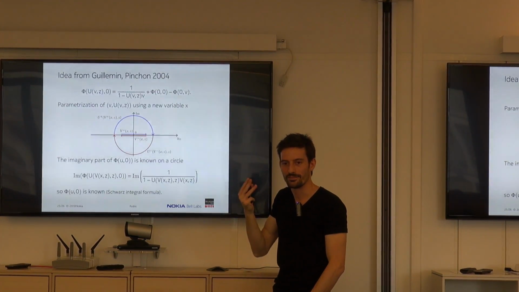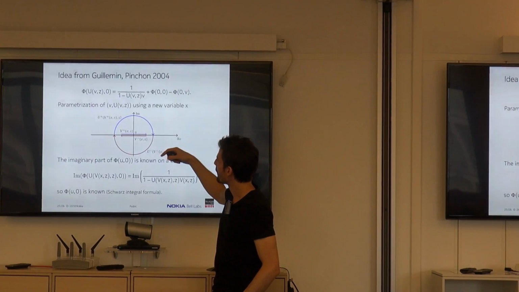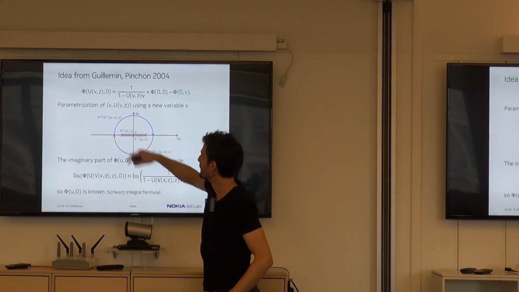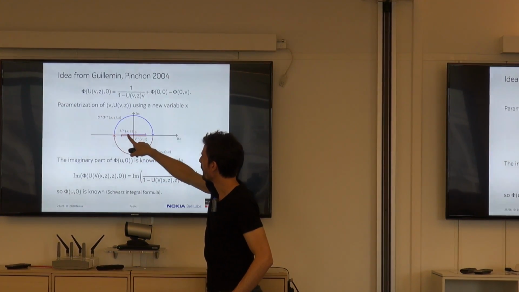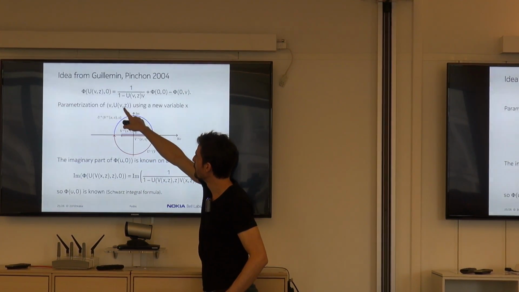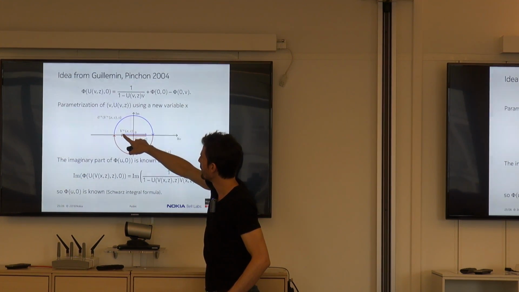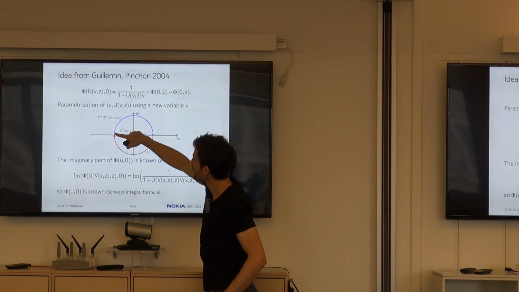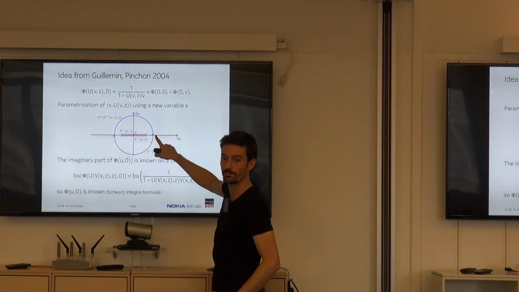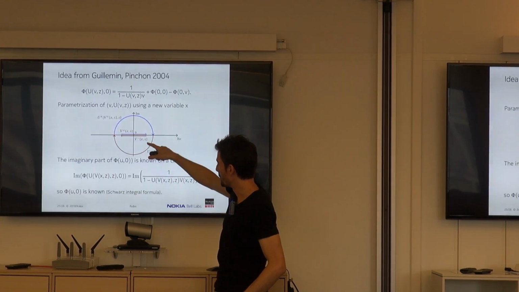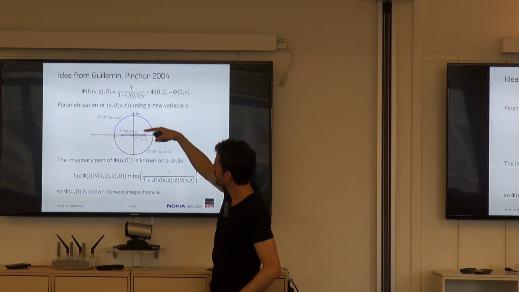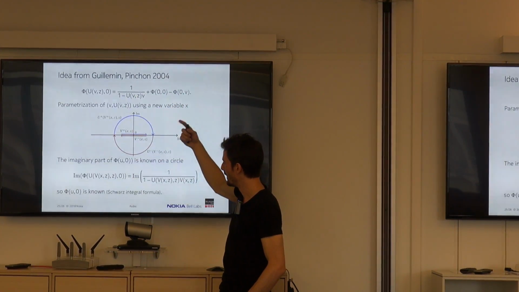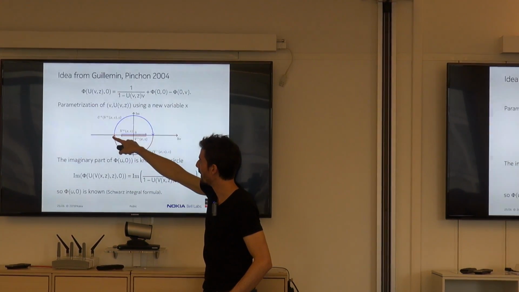And the idea, that is a very beautiful idea, is to find a parameterization of V and U of V,z such that V is going to be on the real axis, and U of V,z, when V is on the blue, U plus is going to be this half circle here. And another parameterization is when I take V, I parameterize it using a new variable x, and it goes like that. Then U minus of V and Z is going to be this guy.